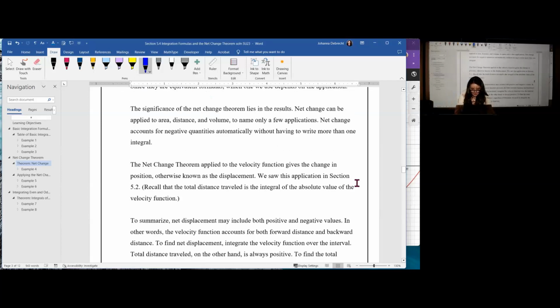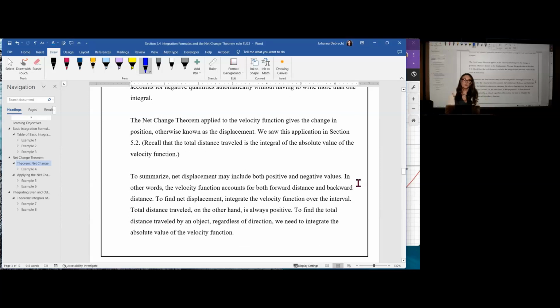Let's now take a look at what we did when we studied this in section 5.2 when we were looking at velocity. When we're looking at a velocity and we're integrating the velocity, we end up with the total displacement or the net displacement. Remember, the net displacement is actually the definite integral, which we now have a new way to calculate.